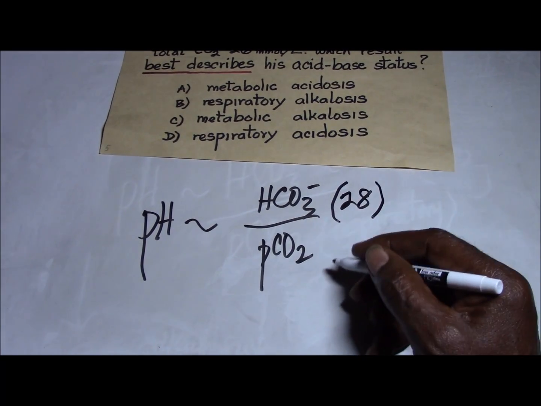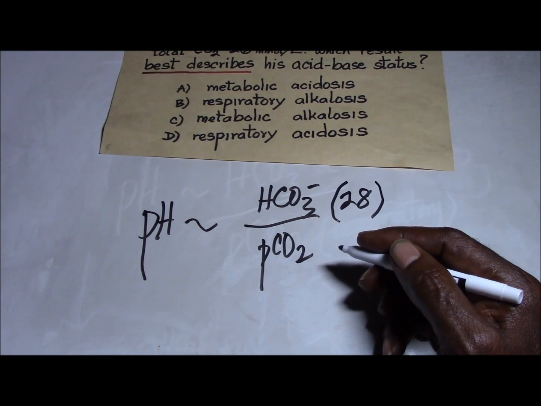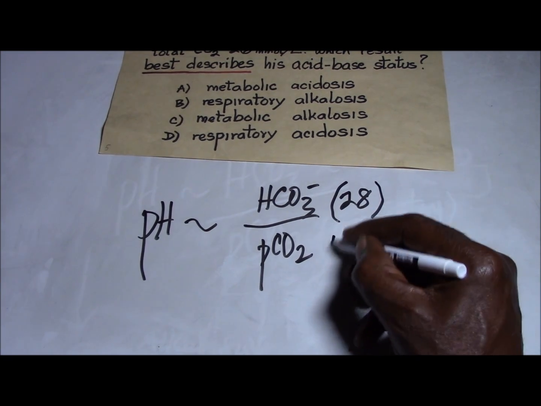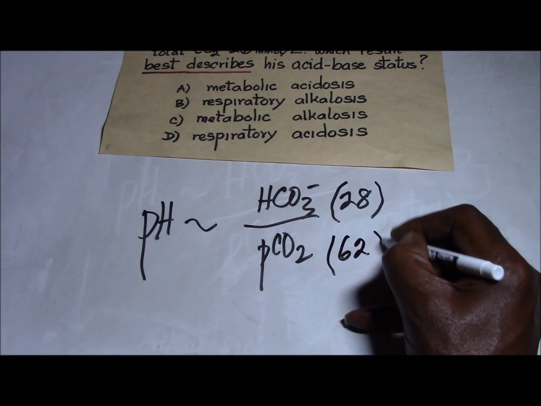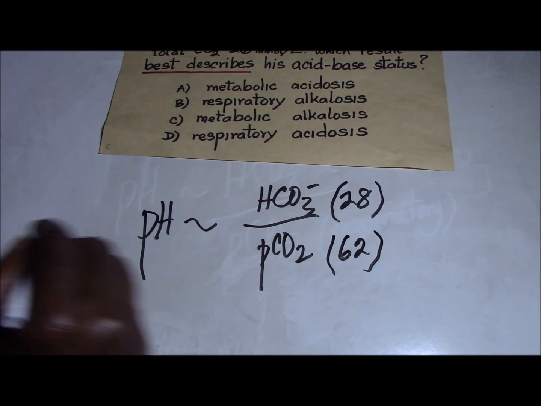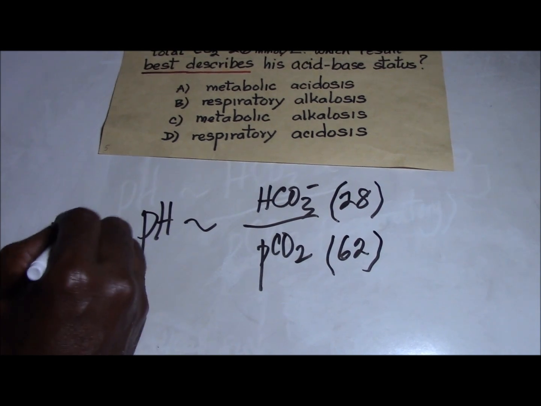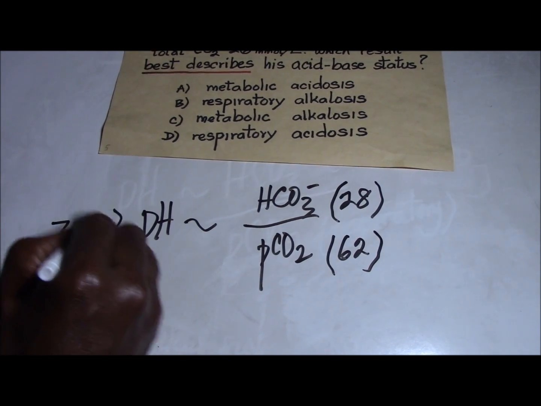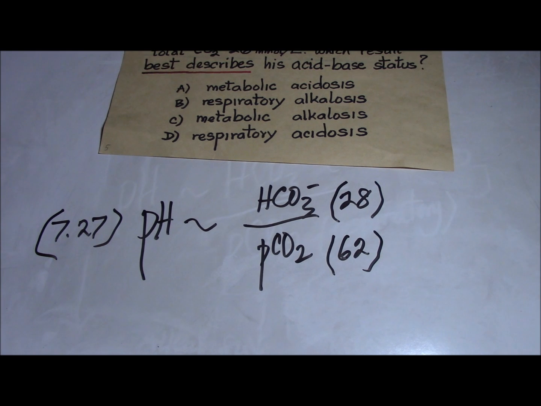Just put 28 there. And then the partial pressure of carbon dioxide is 62. Just put 62 there. And that the pH is 7.27. Here we go. Those are the pieces of information you need.